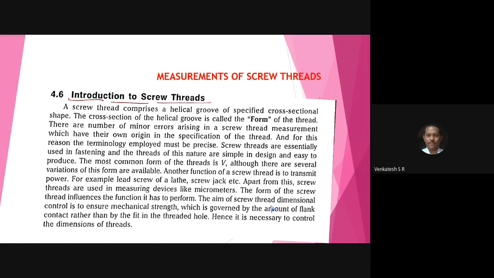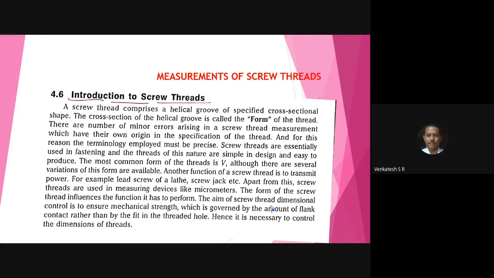All of you have seen the form of the thread, the shape of the thread. Few threads are very, very important: V thread, Acme thread, British thread, square thread.